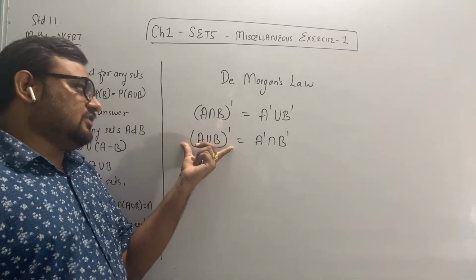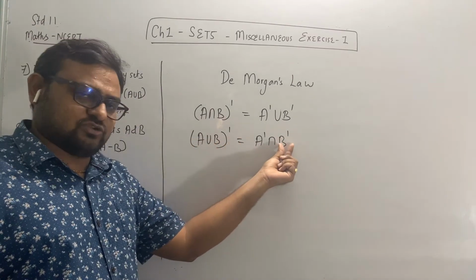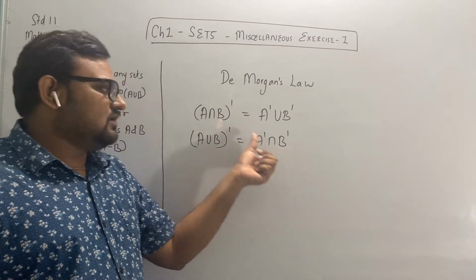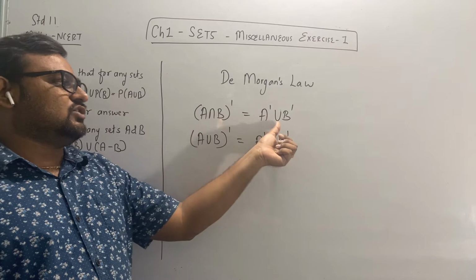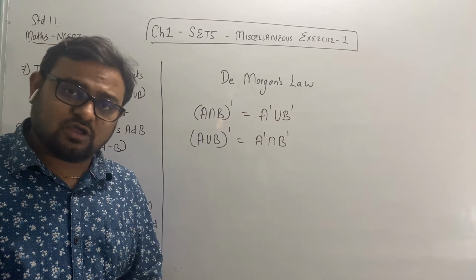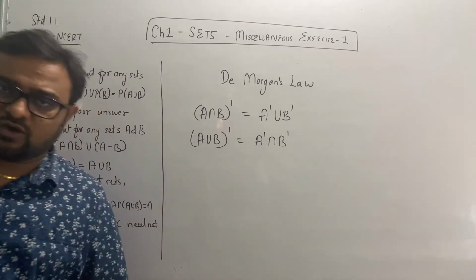Means here there was a whole complement and there is individual complement, and union gets converted to intersection and intersection gets converted to union. So this is De Morgan's law. Clear? So just note it down.